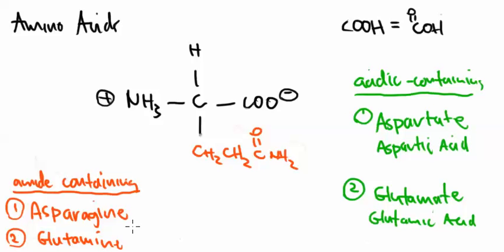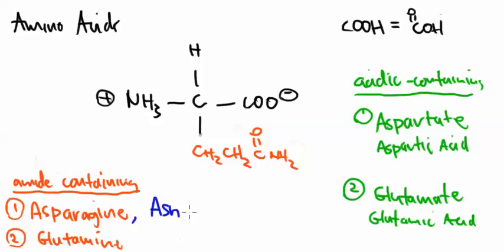Now, what are the three-letter, one-letter abbreviations for these? Okay, so asparagine, let's start down here at the bottom. Asparagine is ASN. So they kind of want to put a focus on the INE ending, and that N should kind of trigger nitrogen group.